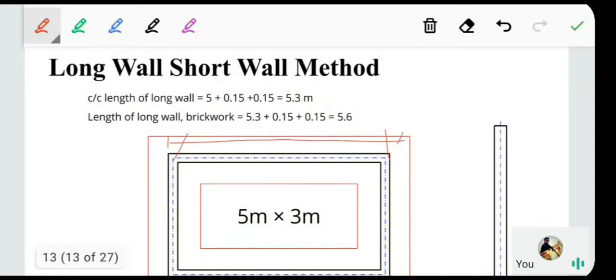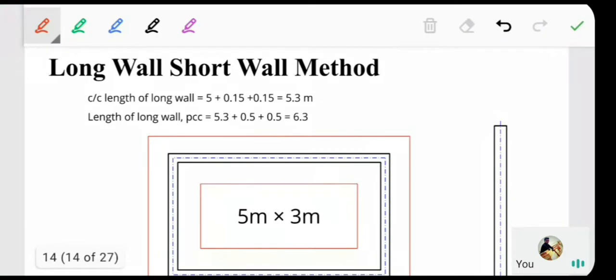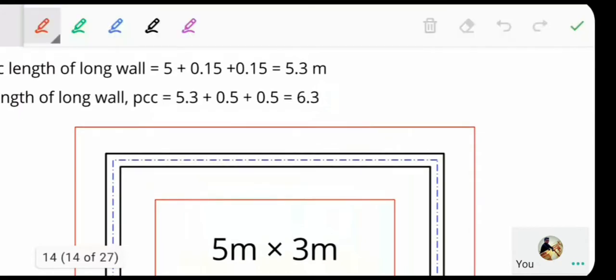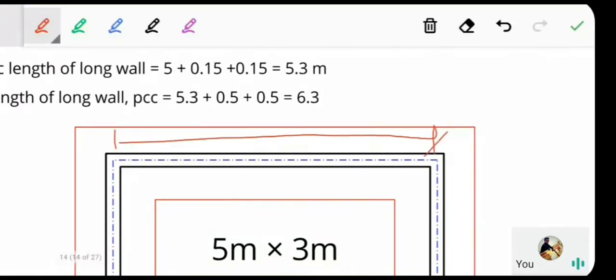Similarly, now in PCC, again the center line length of 5.3 is not going to change, because the center line length will be the same for any other steps. Even if there is any other step in this, the center line length will be the same. So we just have to add the other half of the particular item of the wall. So in case of the PCC, half will be 0.5 and 0.5. So the length of the long wall for the PCC will be 5.3, that is the center to center line distance, plus 0.5 plus 0.5.